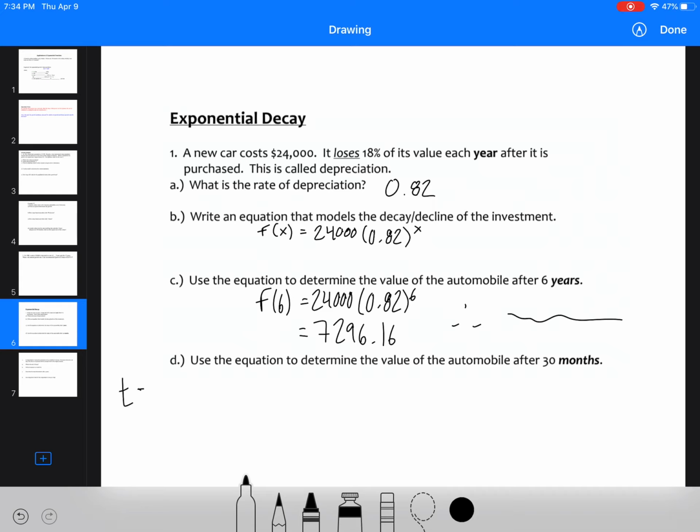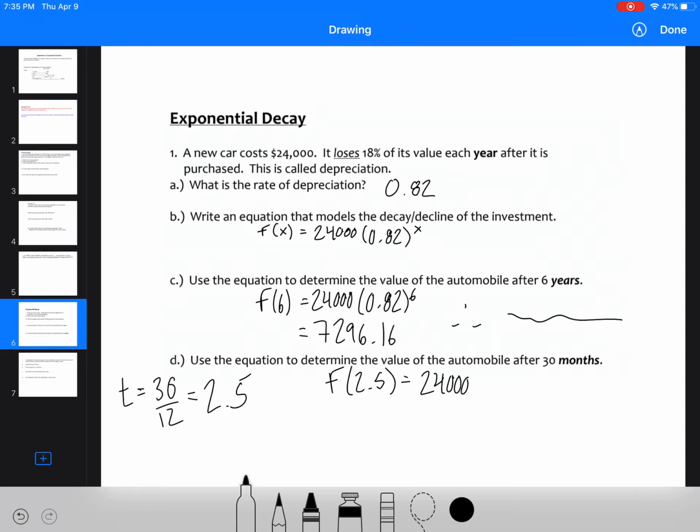Use the equation to determine the value after 30 months. Well, we need to change 30 months into years. So t equals 30 divided by 12, which is going to give us 2.5.